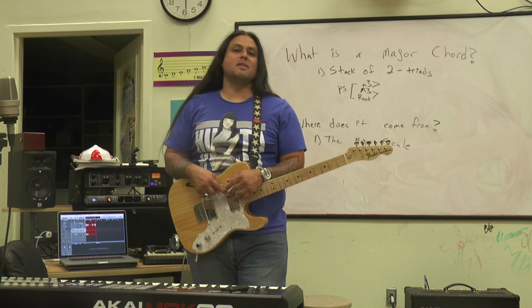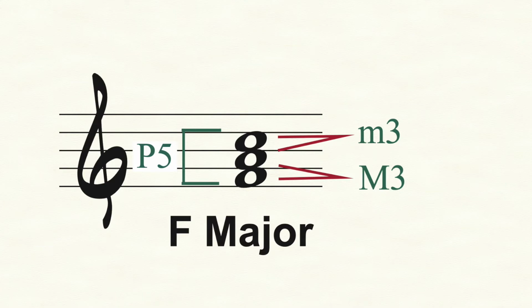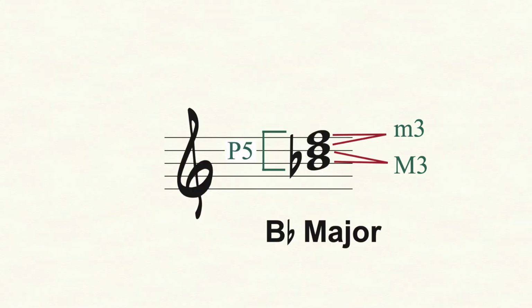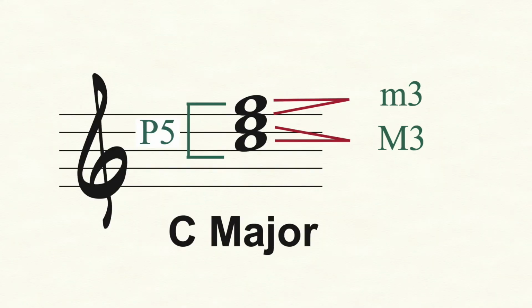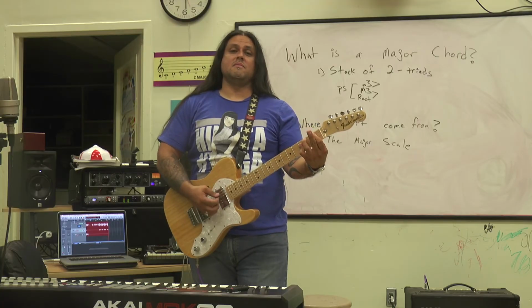This one is The Joker by Steve Miller. F major chord, B flat, C, B flat. Let's hear it.